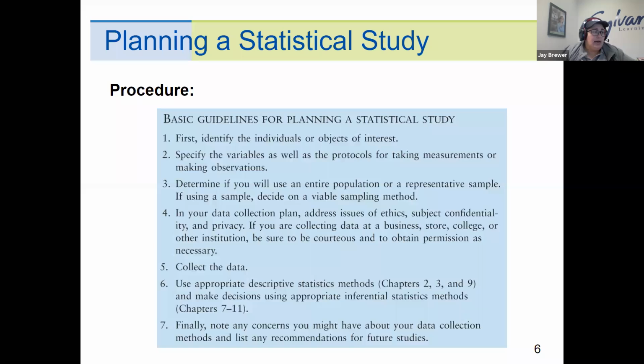So number 4 is data collection. You have to be able to address issues such as ethics, confidentiality, privacy. If you're collecting data at a business, store, college, or other institution, you have to be conscientious of obtaining permission. Let me tell you, that is no joke. I thought my project, because we weren't really going to be publishing it, that we could just kind of do it.